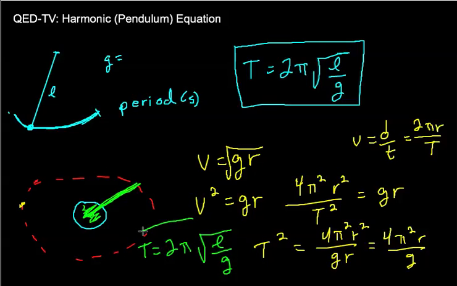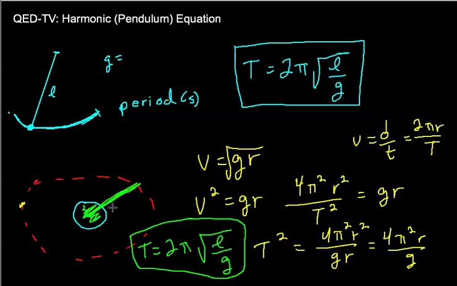And you'll notice that we get the same equation as this harmonic motion equation up here for a pendulum. The equation for the period of a pendulum is actually the same equation for the period of a satellite to orbit a planet. But when we're orbiting a planet, we need to remember that the L part of our equation, which was the length of a pendulum, is actually the radius of the orbit.